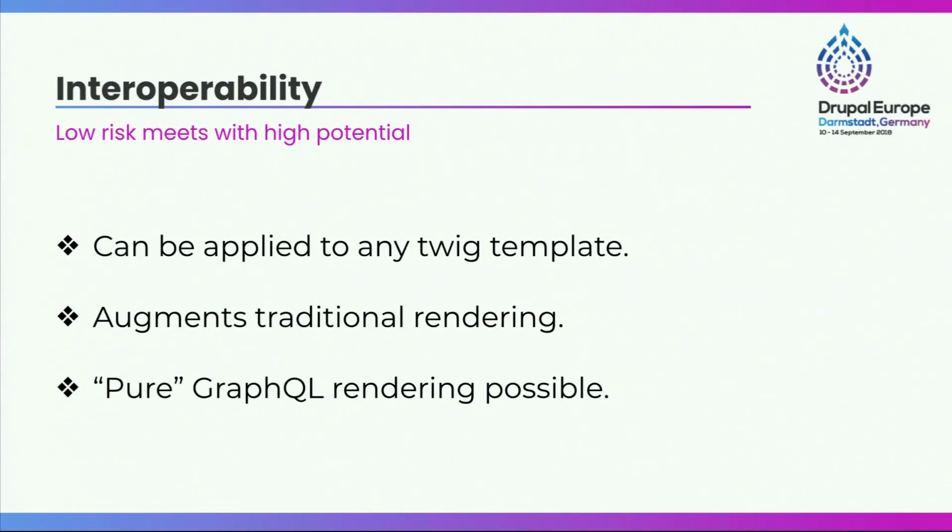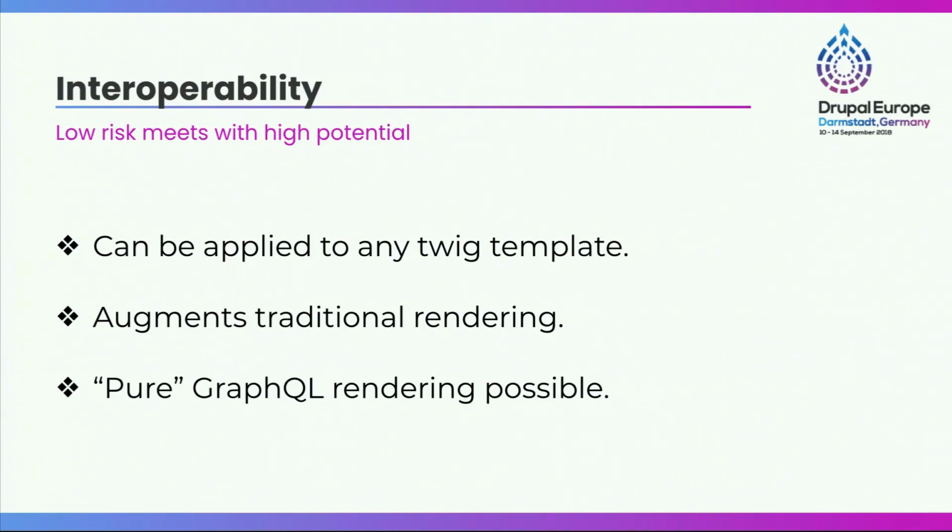So this process can be applied to any Twig template. You can just grab any Twig template within your big layout and start injecting data using GraphQL. You don't have to go all the way and just create the whole page and everything using GraphQL, which is a good thing because, for example, we don't cover some very important modules yet, like web form.